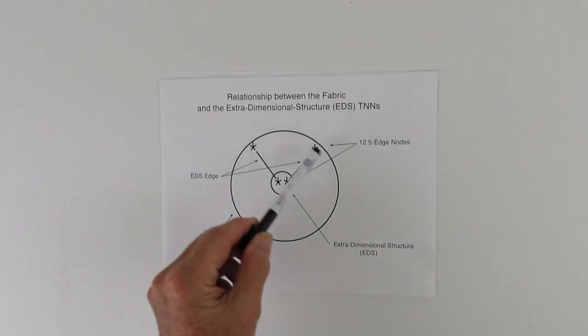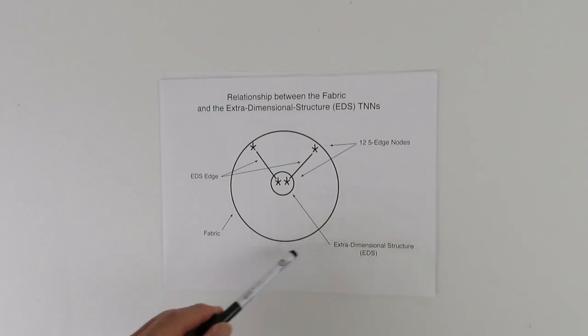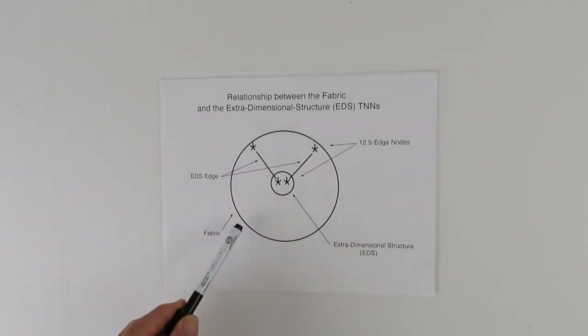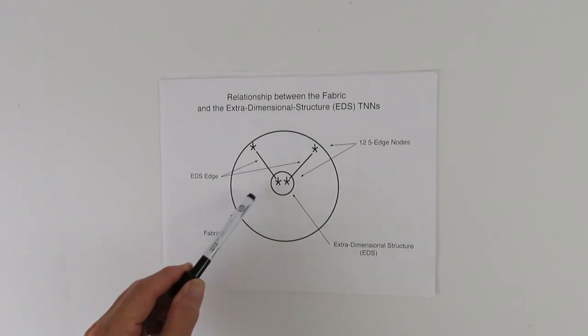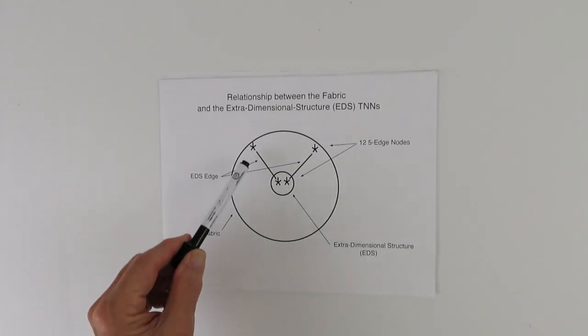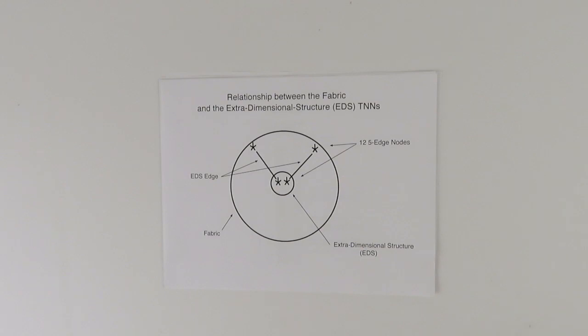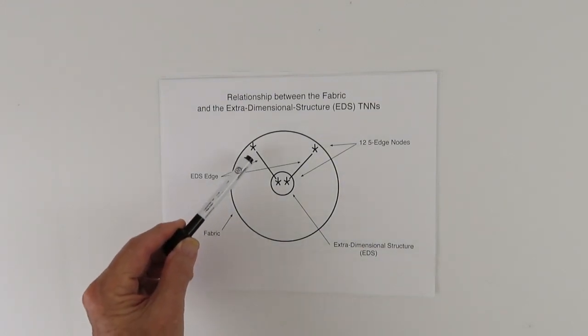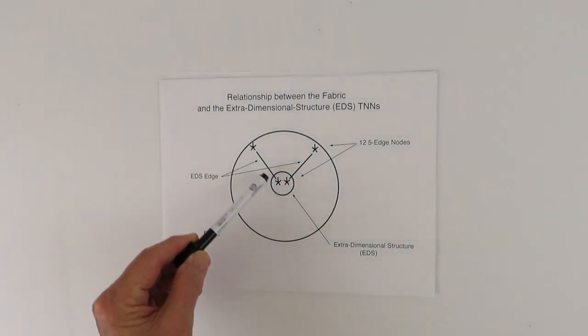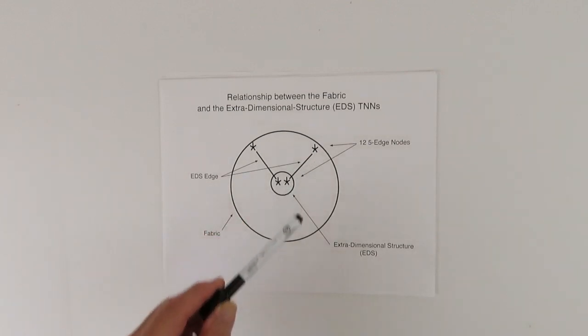So we can have here a very large fabric which consists of a very large number of 6-edge nodes and 12 5-edge nodes. And then each of the 5-edge nodes will have an EDS edge coming inwards like this.